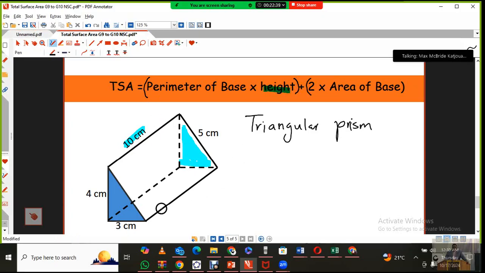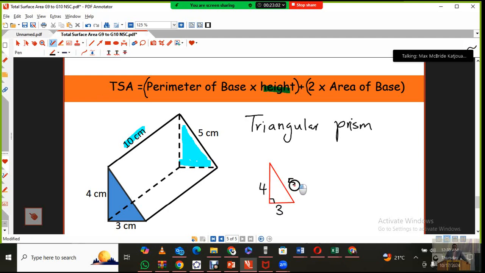Okay, so that triangle, the measurements of that triangle are 3 here, 4 here. What is this distance? It's 5.